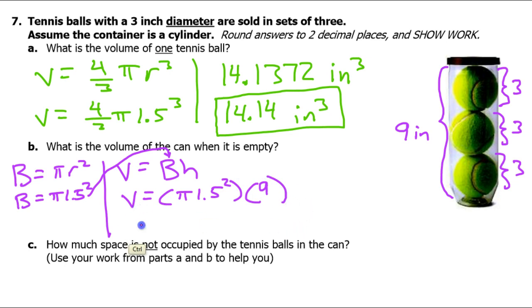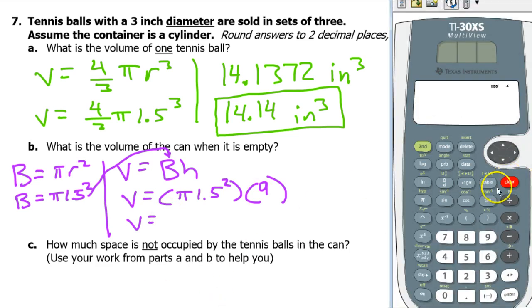I think that's enough information for me to go ahead and get the volume of the empty can. I'm going to use my calculator. So I'm going to do pi times 1.5 squared times 9.